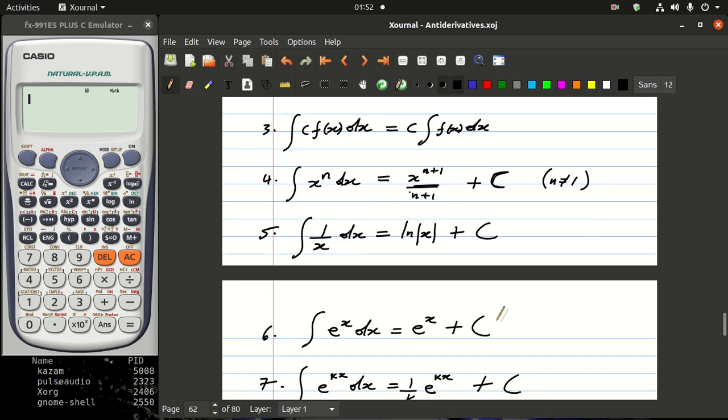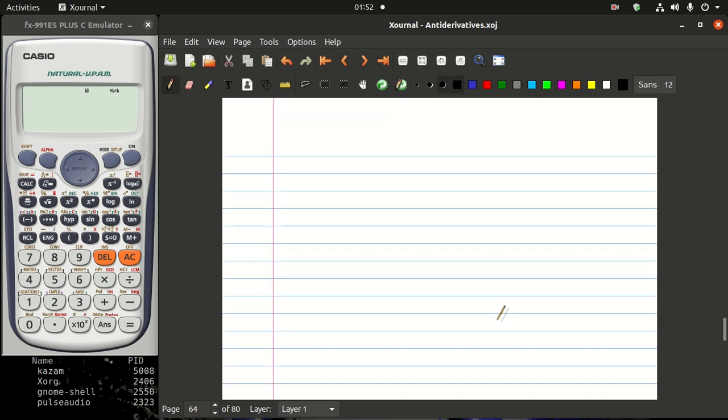Let's take some examples and see how far we can go when it comes to indefinite integrals. So this is the example that I have for you, and of course if we can deal with these examples, I think we are ready to move forward.